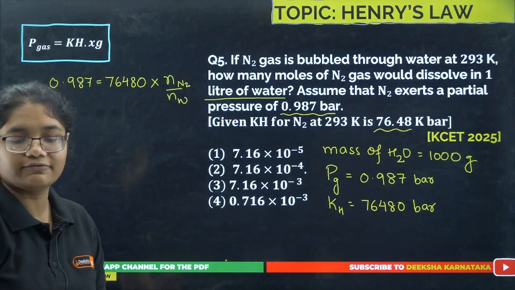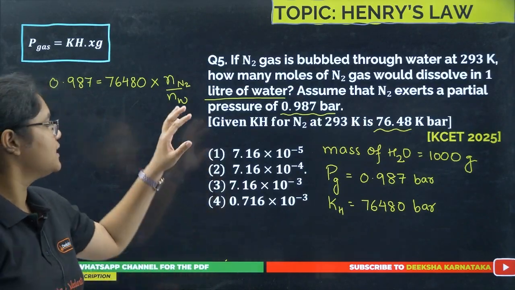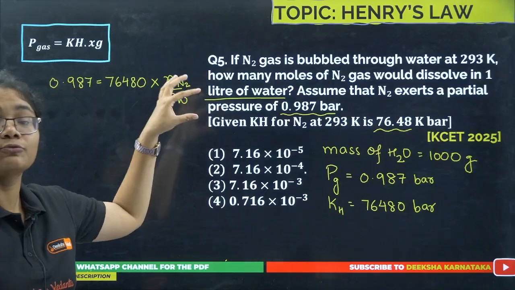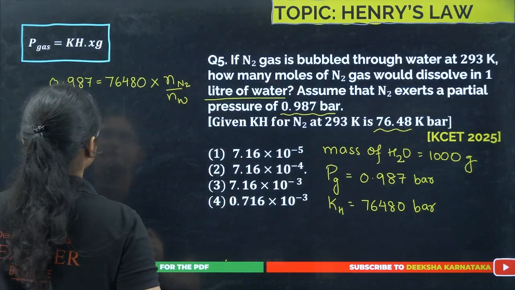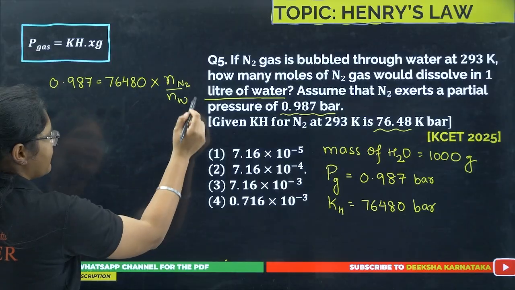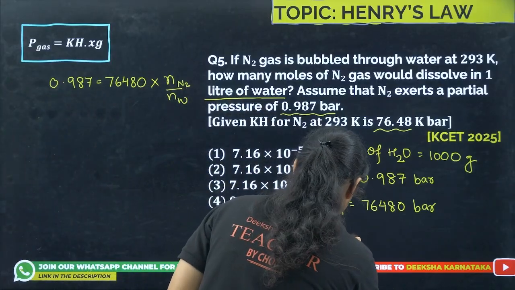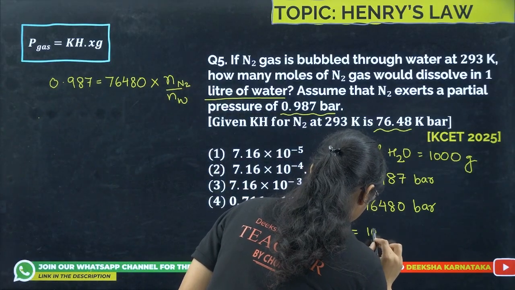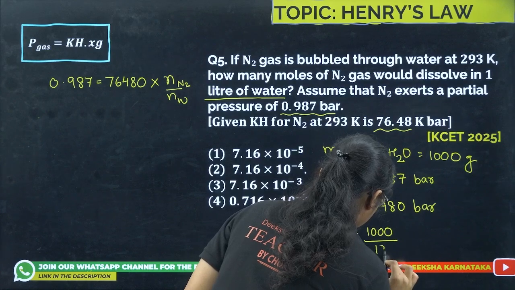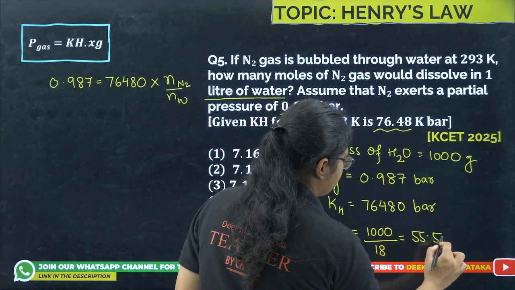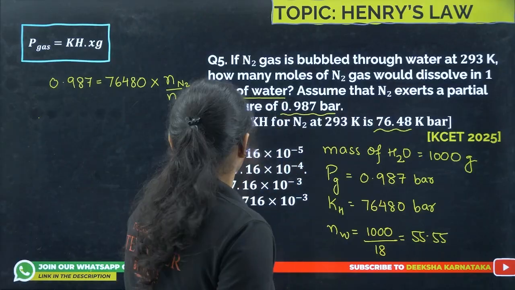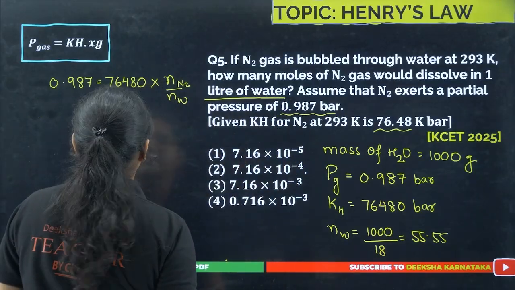If you remember, I have told you that in dilute solutions, we can ignore the number of moles of the solute in the denominator. So I can first find out the number of moles of water. Number of moles of water will be mass by the molar mass, 1000 gram divided by 18, so it is 55.55. You can just keep it as 1000 by 18 also.